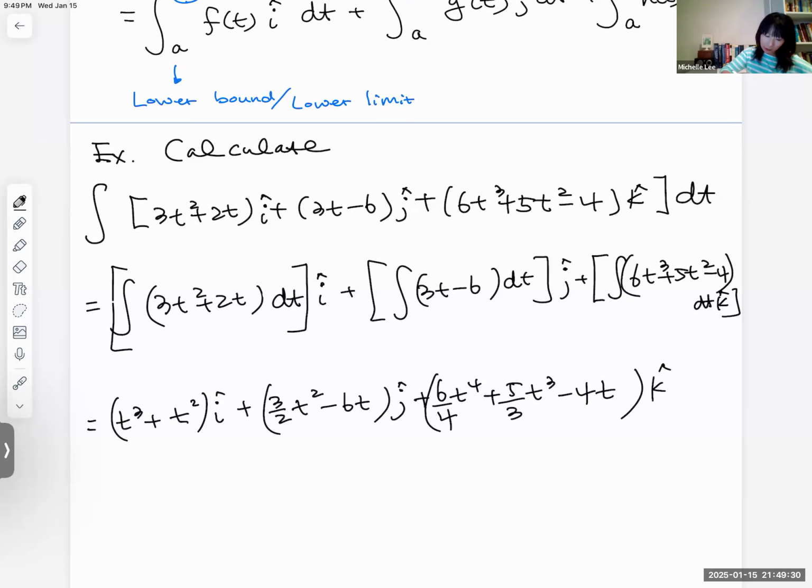We simplify 6 over 4 to 3 over 2. And since this is indefinite integration, we should add plus c.